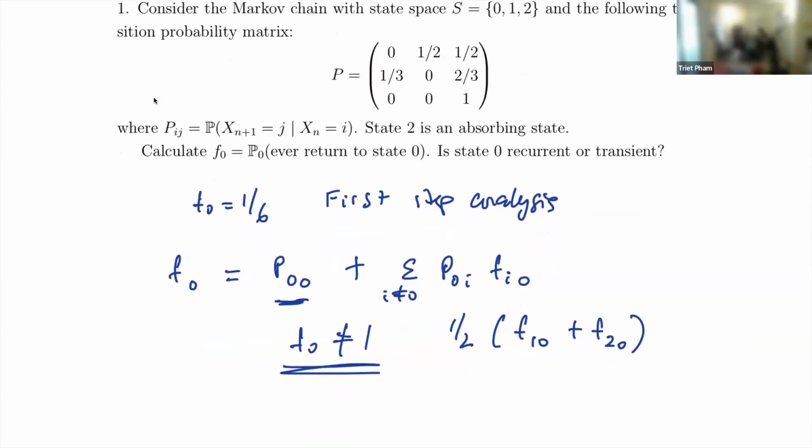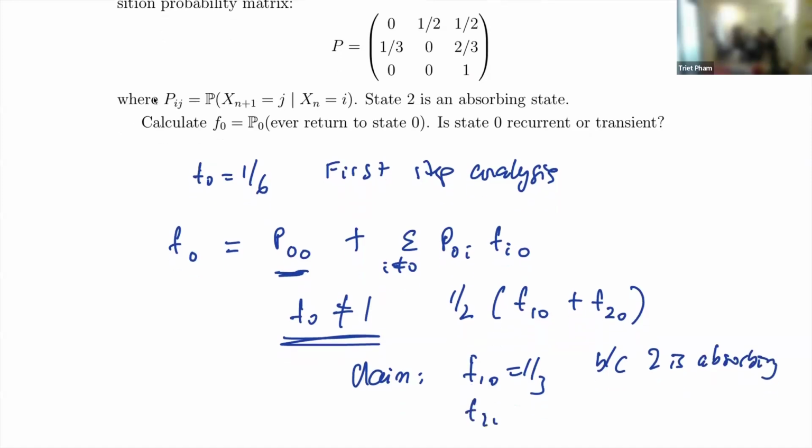So claim: F10 is 1/3. Correct? That's clear. Because again, 2 is absorbing. And very similarly, F20 is 0. Both of these because 2 is absorbing. So Riva's analysis is correct.